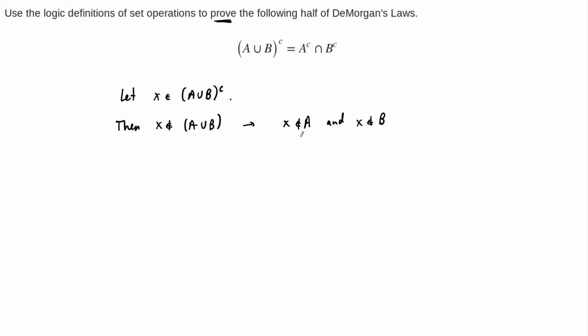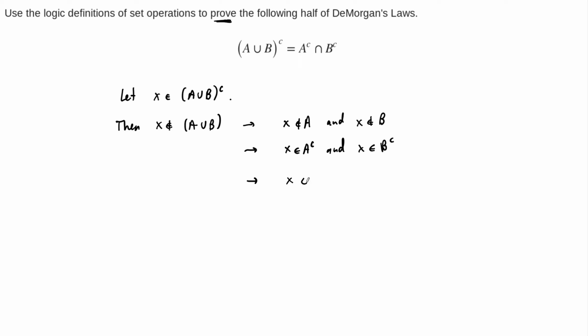And then we can unwrap exactly what we did before. This further implies that because X is not an element of A, X is an element of A complement, and similarly, X is an element of B complement. And if X is in both the complement of A and the complement of B, then X must be in the intersection.